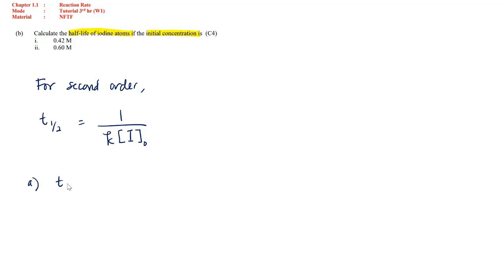Right? Okay, so for question 1A, half-life 1 over K. So the K value is 7.0 times 10 to the power of 9 molar power of negative 2 per second times the initial concentration of iodine.